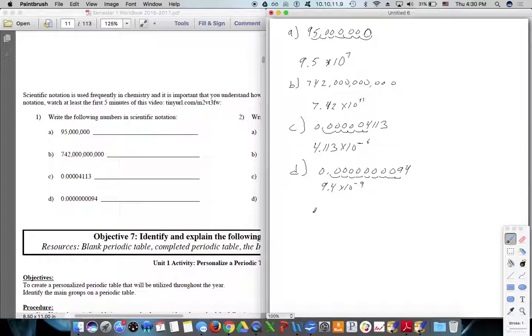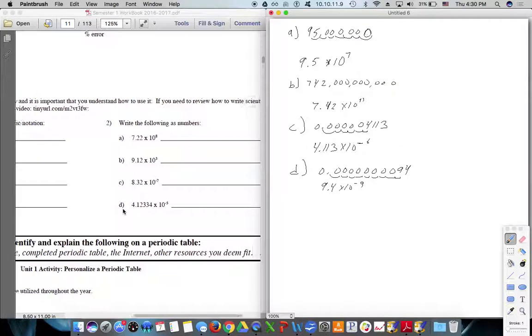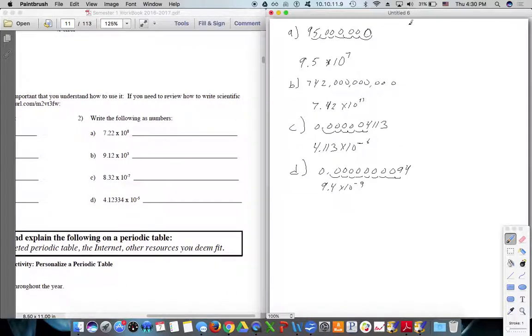All right. Now if I want to go backwards, all we need to do is exactly that. Let's see if we can figure this out.